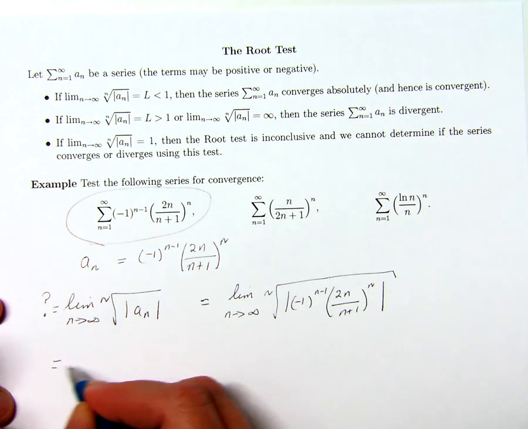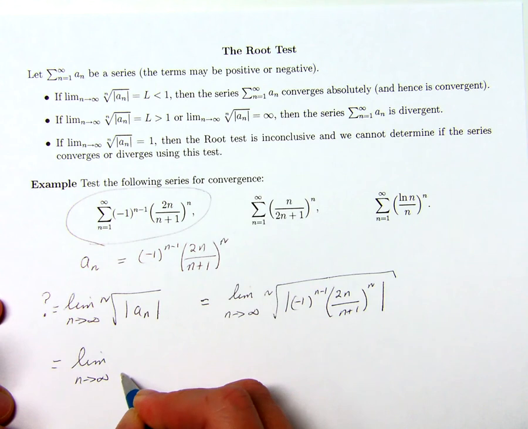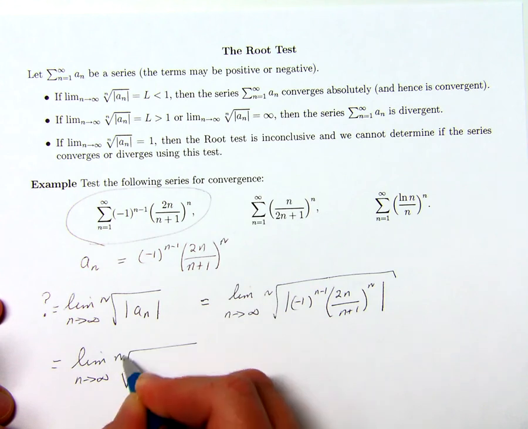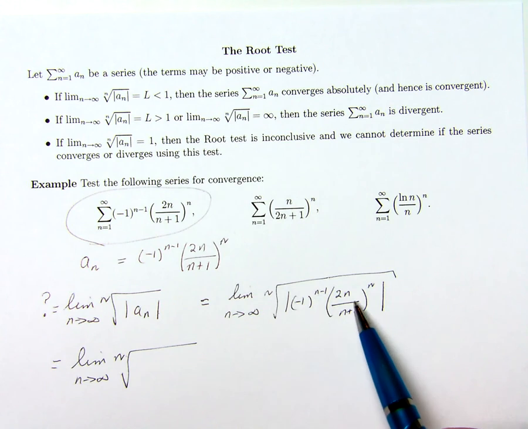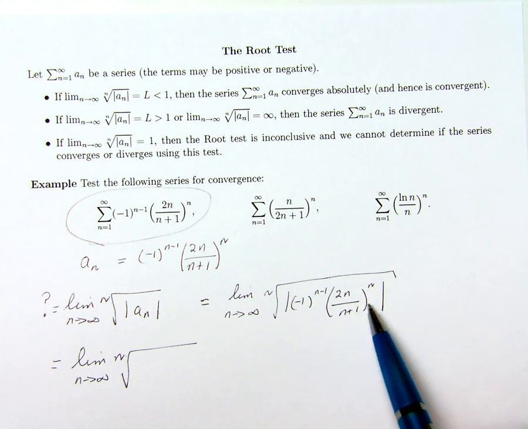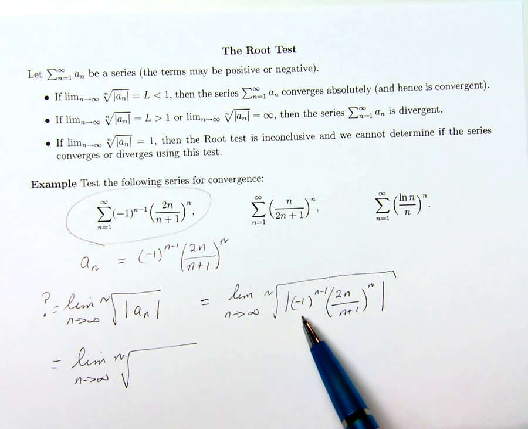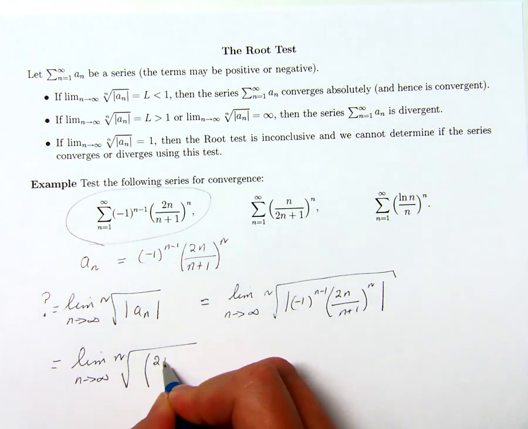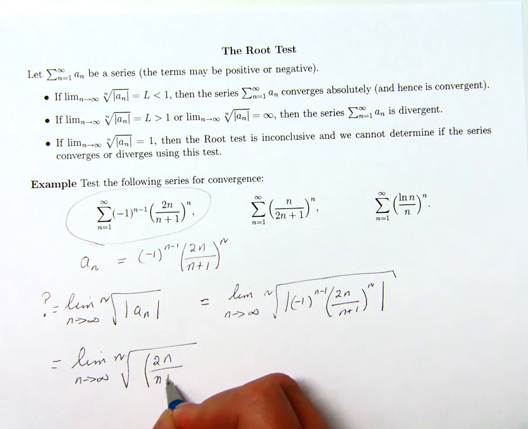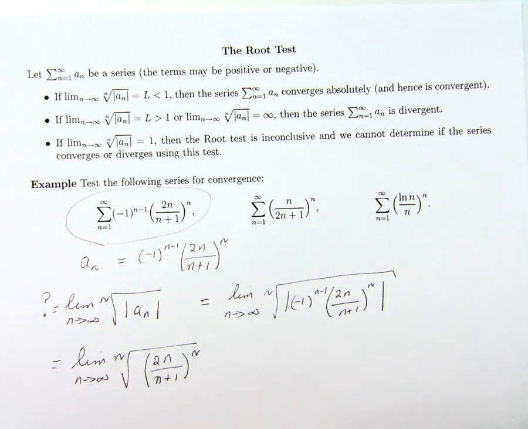So this is equal to the limit as n goes to infinity of the nth root. Now, when I throw away this (-1)^(n-1), remember n is bigger than or equal to 1, so this is always a positive number. And so therefore its nth root is a positive number, so I can just throw away these absolute value signs. So this is (2n over n+1)^n.